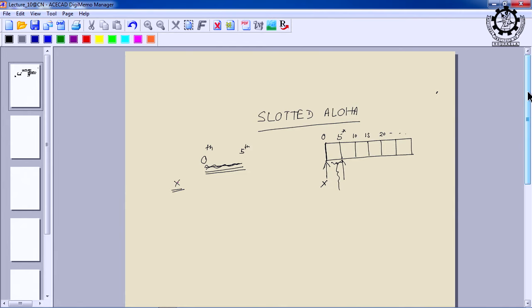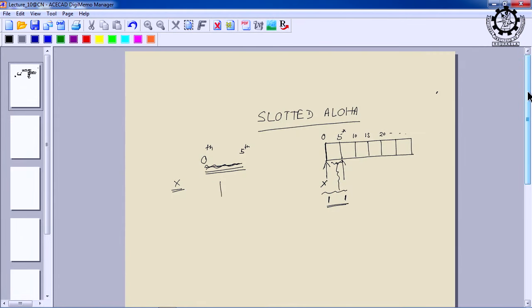In comparison to aloha, there was a random waiting time, and we were expecting that the random waiting time would give a sufficient time period by which the node would be able to transmit. But here there is a fixed time period, the duration of a slot, during which a node can transmit without any collision with the other nodes. So, when Y is ready at the 3rd second, he cannot transmit because the slot has already begun.